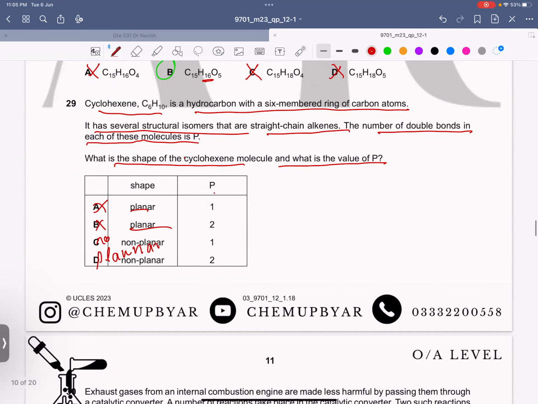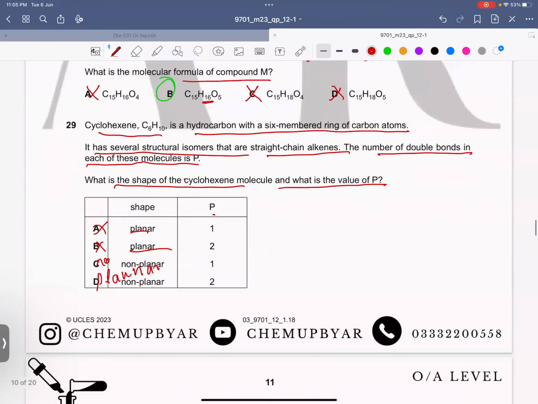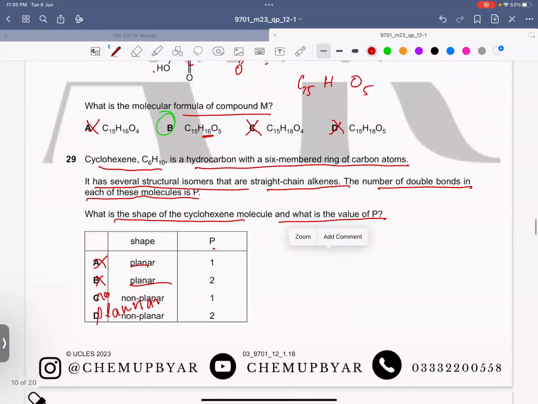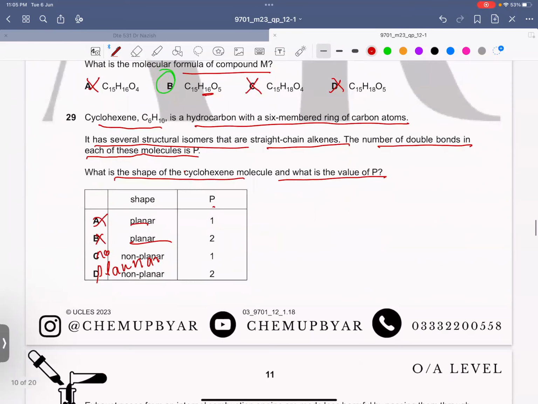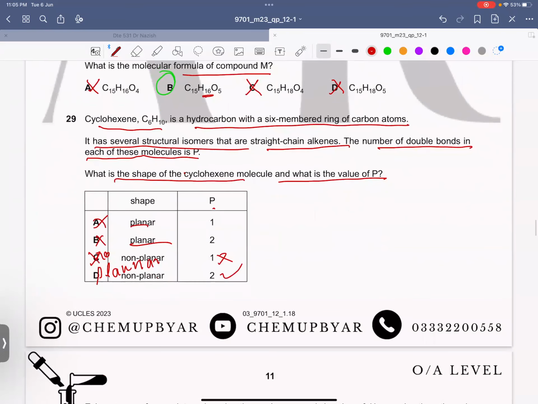And the number of double bonds in each of these molecules is P. So it's cyclohexene, and their straight chain isomers have 2 double bonds. So C goes wrong and D is the correct answer.